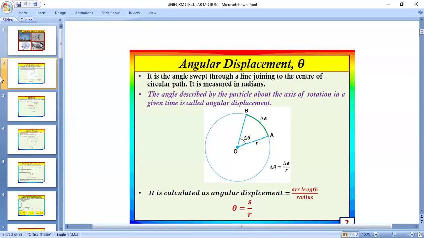Angular displacement theta equals S over R, which is the arc length over radius. So it's important that you know how to calculate angular displacement using that equation. Theta equals the arc length divided by radius of the circle.